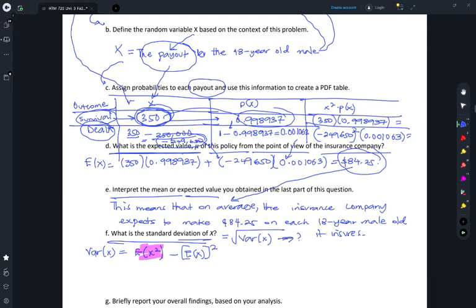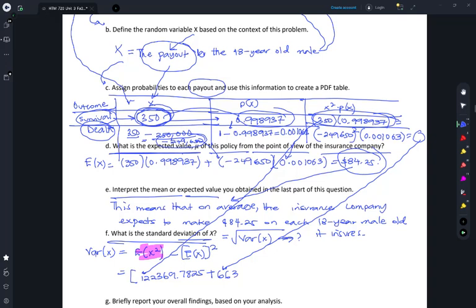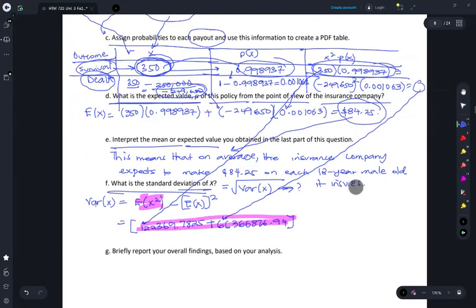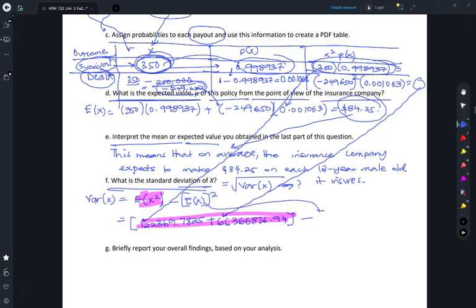The first value is about 122,369.7825, plus the second value, 66,366,876.94. That will be my expected value of x squared, minus the expected value of x, the mean we got earlier, 84.25, all squared.